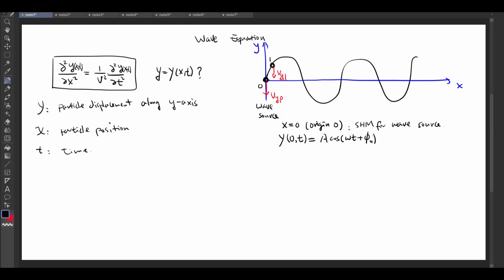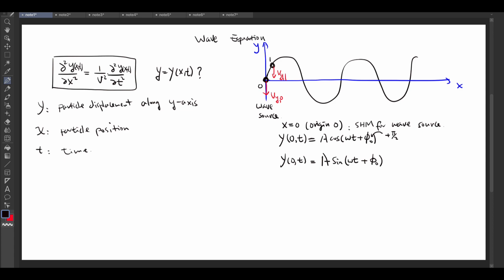If we add an additional phase, let's say plus pi over 2, and we absorb that phase into the phi naught constant, then we can say y at x equals 0 and time t equals A sine of omega t plus phi naught. But again, this phi naught is a different phi naught than the previous phi naught.